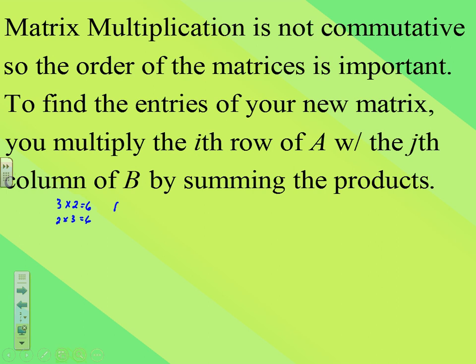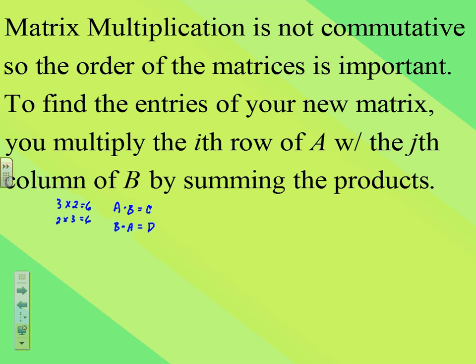However, in matrices, if I say matrix A times matrix B, maybe that gives me a matrix that we'll call C. But if I say matrix B times matrix A, that's not really going to give me the same matrix that I would have gotten the other way around. Maybe that's going to give me some other matrix that we could call D. That's all the commutative property is saying, and it's really not that important. So again, if you don't want to write them down, you're not going to hurt my feelings.